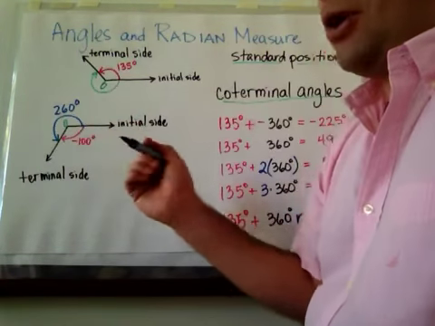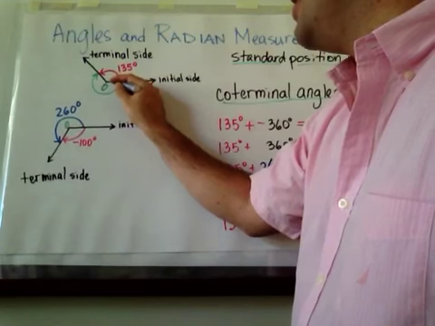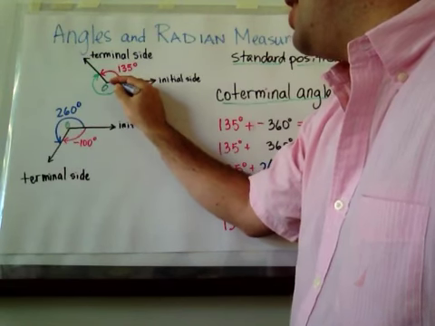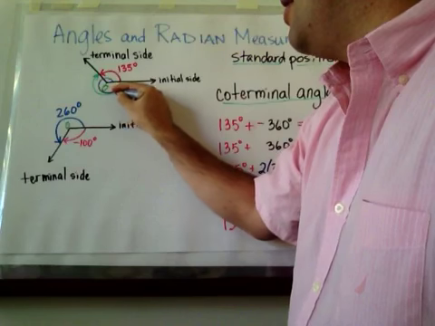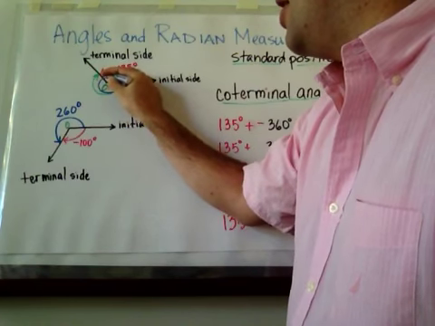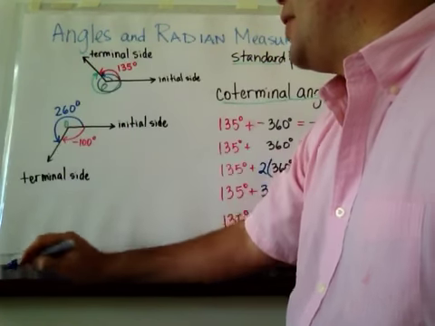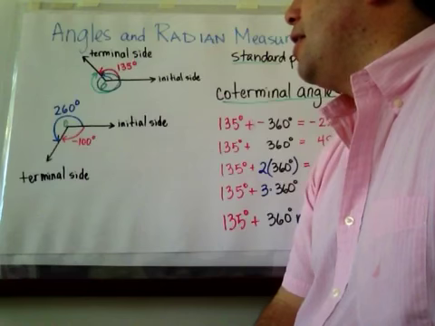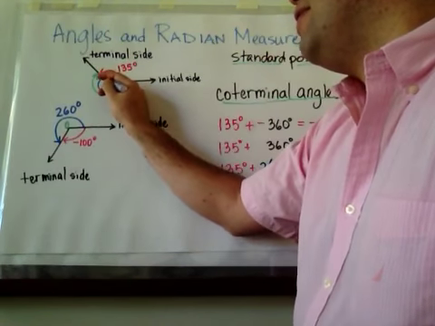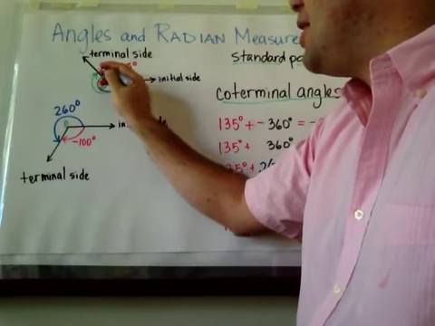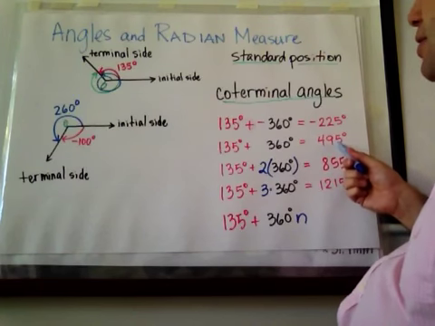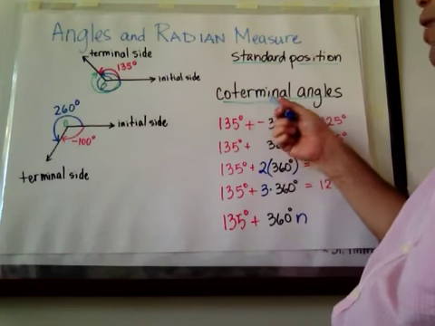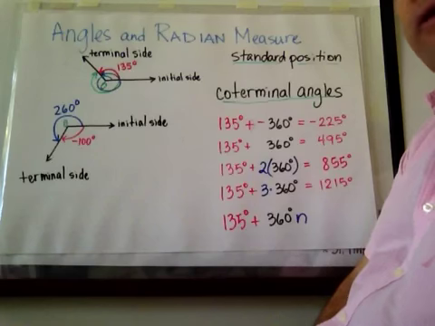We could have this other angle start at the initial side, go towards the terminal side, and go one full time around and end at the terminal side. Well, that would be 135 degrees plus another 360. That's 495 degrees. That is also an angle coterminal with 135.